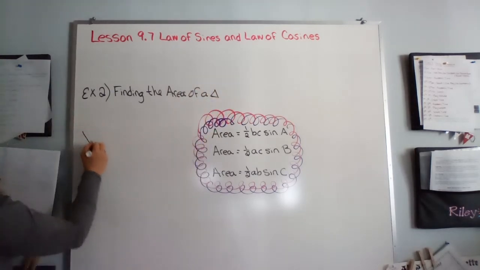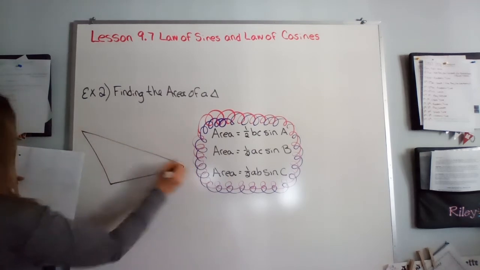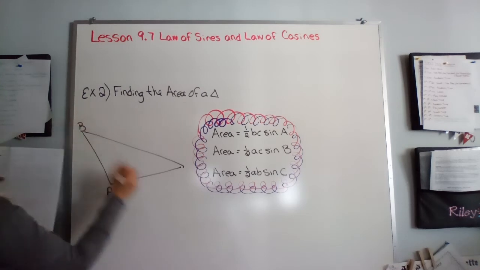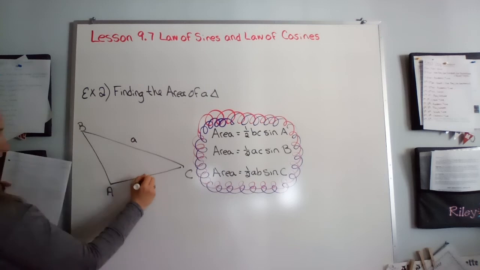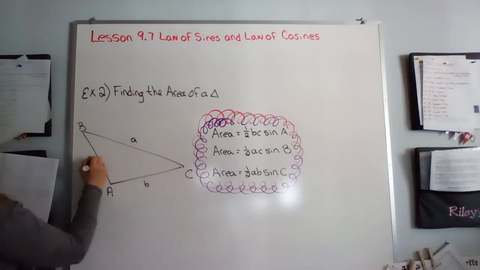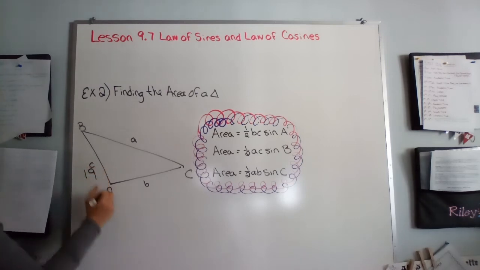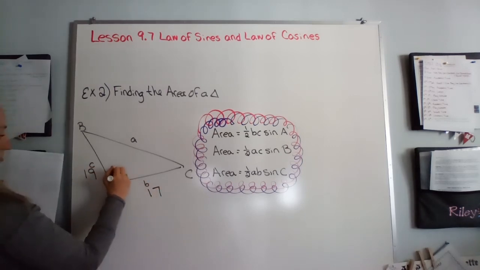And here's the triangle here. Angle A, angle B, angle C. So this is side A, side B, and side C. And the given information is 19 units long, 17 units long, and 135 degrees.